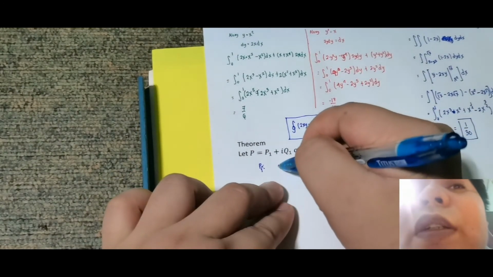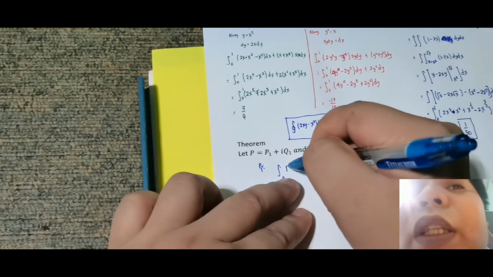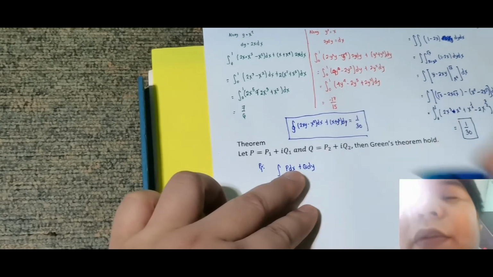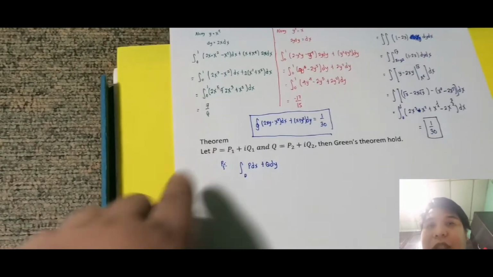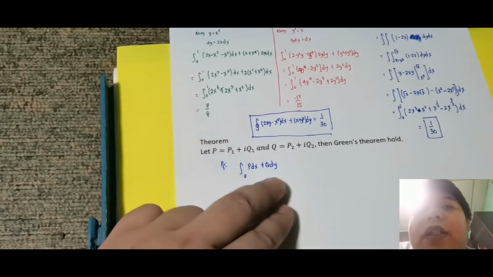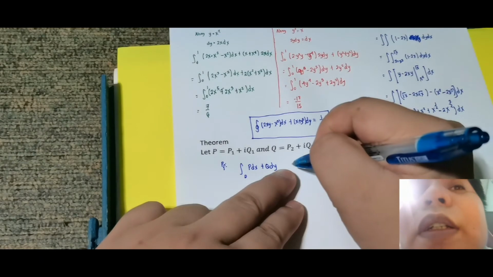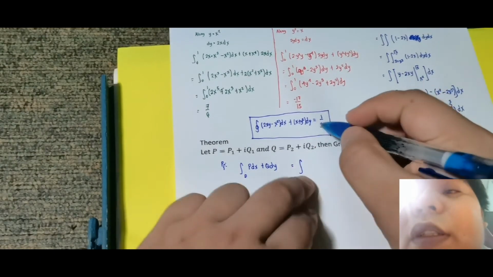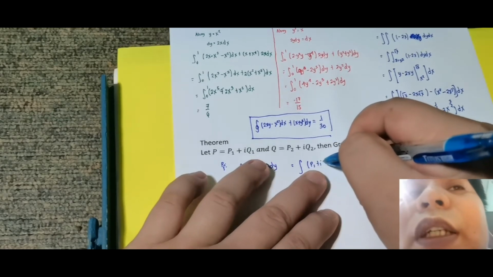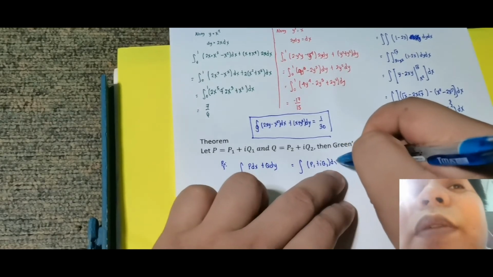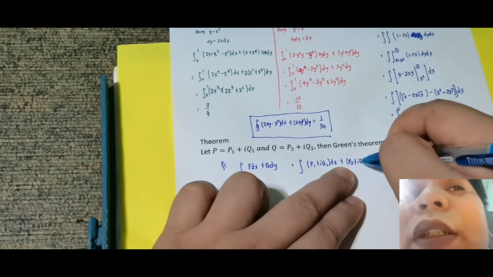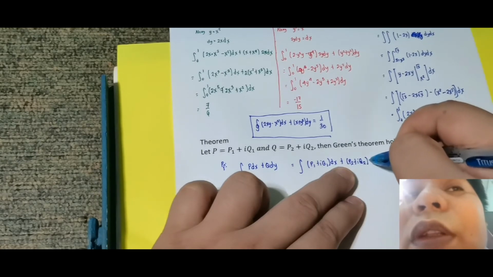Una, yung integral along the domain D nung P dx plus Q dy. Okay? So, pag pinalit natin itong mga value na to, this is simply equivalent sa integral ng P1 plus iQ sub 1 dx plus P2 plus iQ sub 2 dy.